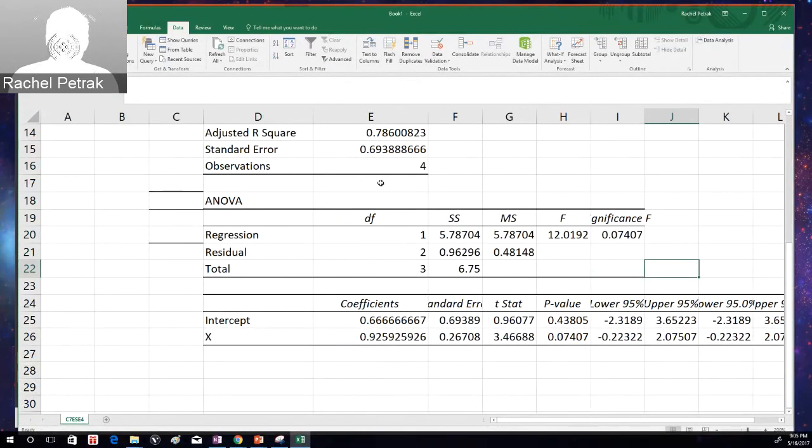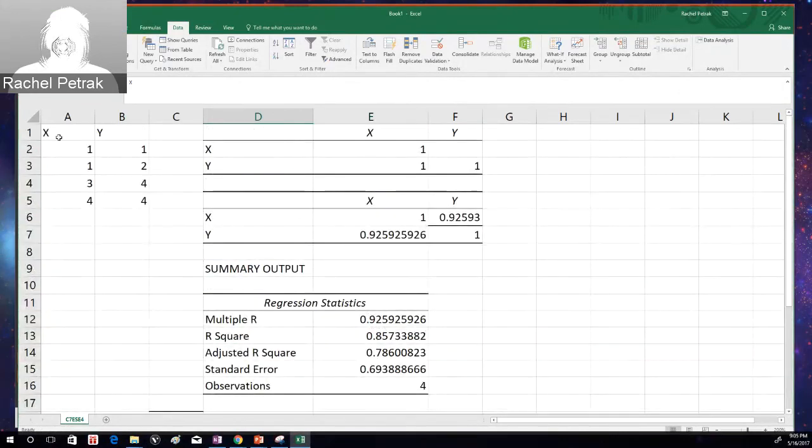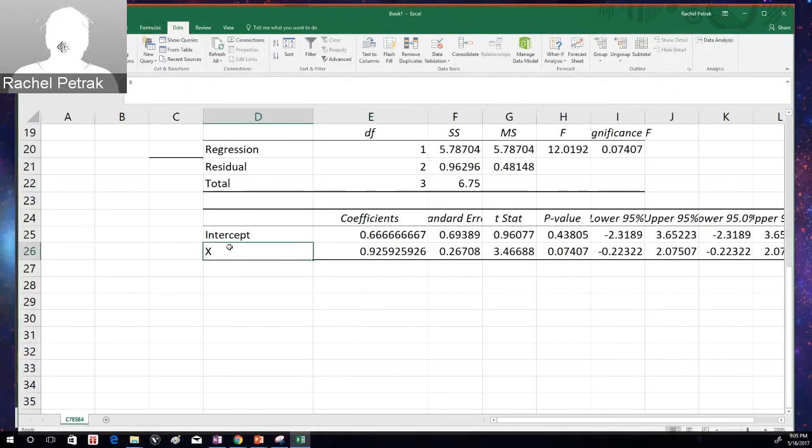What you see down here at the bottom are the slope and intercept as promised. And here the intercept is giving us the coefficient for the intercept. It would be 0.66, and the slope x is telling us, it says x because x is the label here on the predictor variable. So this is the slope for this variable x.